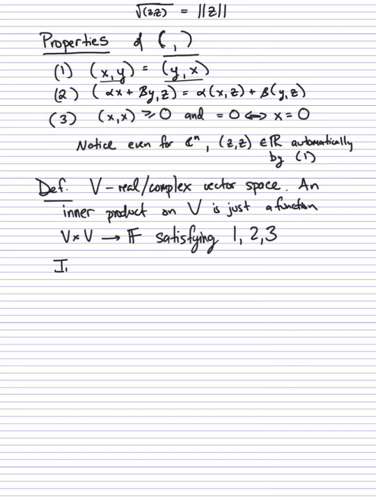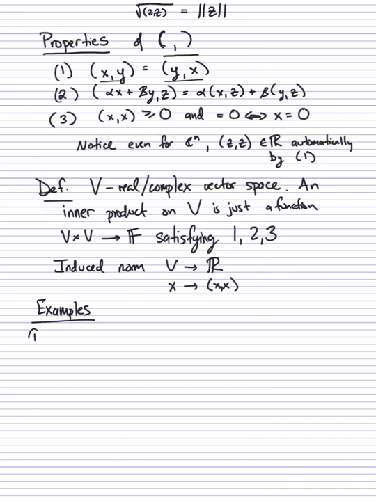And then you have the induced norm, which goes from V to R, and just takes x to the square root of the inner product of x with x.